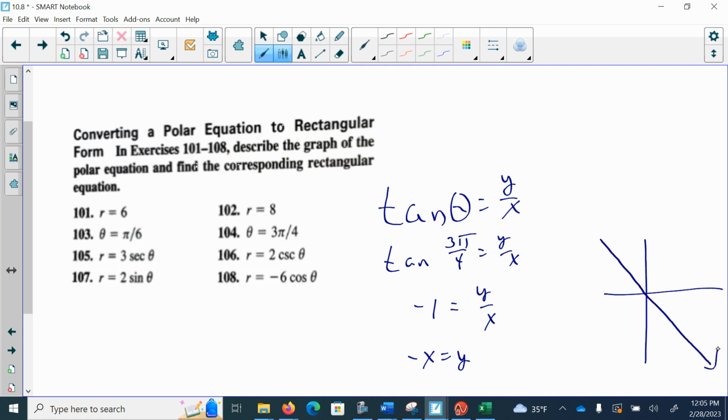So that's my line, y is equal to negative x. This part of it is theta is equal to 3 pi over 4. So if you just have theta is equal to something, you're going to have a line. If you have r is equal to something, you're going to have a circle. Good? Any other questions?